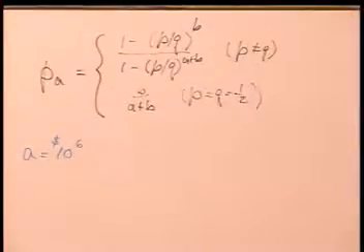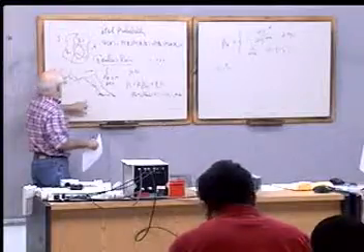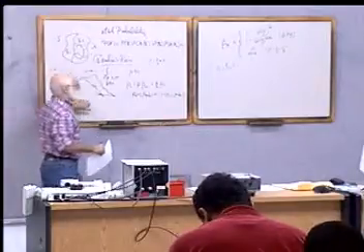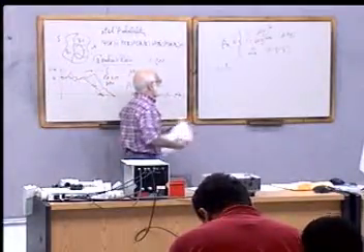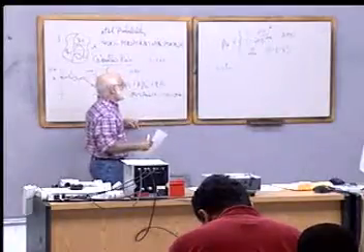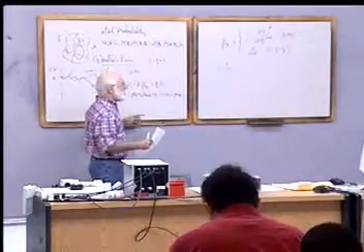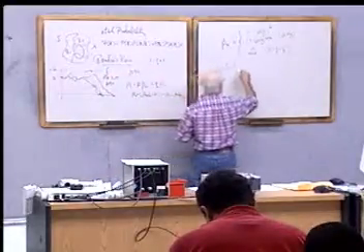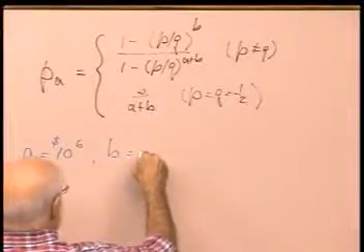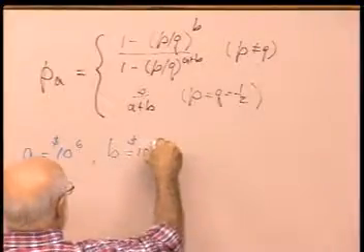And he figures that in order to pay for his vacation, he needs $10,000. So he's going to play until either he wins $10,000 or he loses his $1 million, his stake. And the question is, what's the probability that he will win his vacation if A is 10 to the 6th and B is 10,000 or 10 to the 4th?